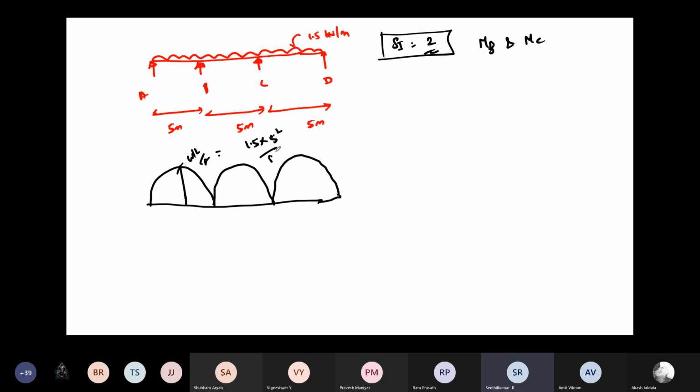That times 5 square by 8 is 4.6875, which is 4.69.